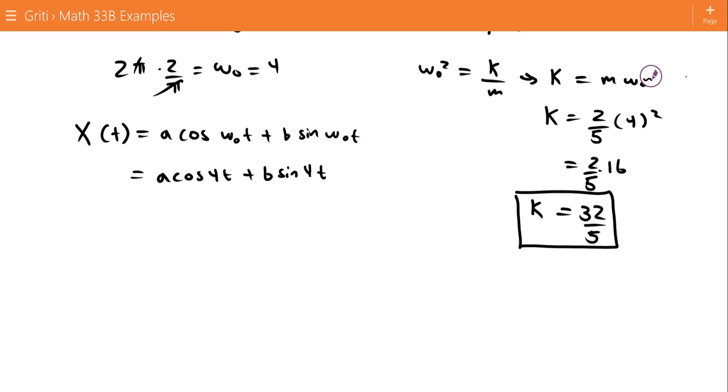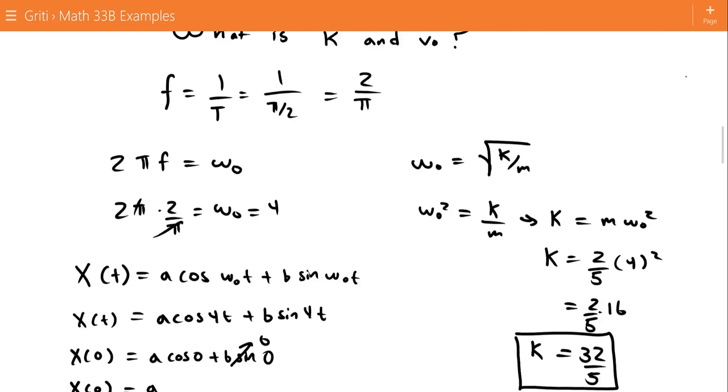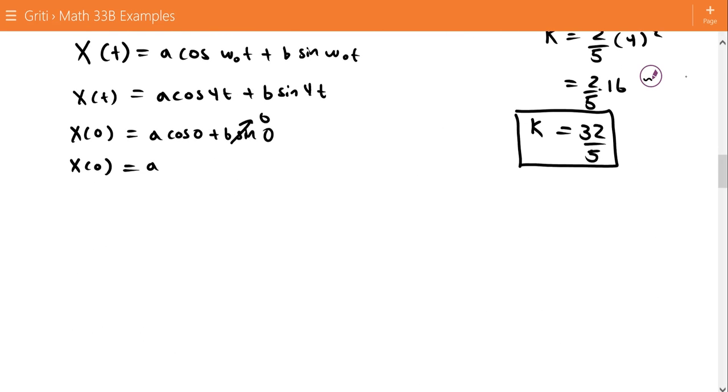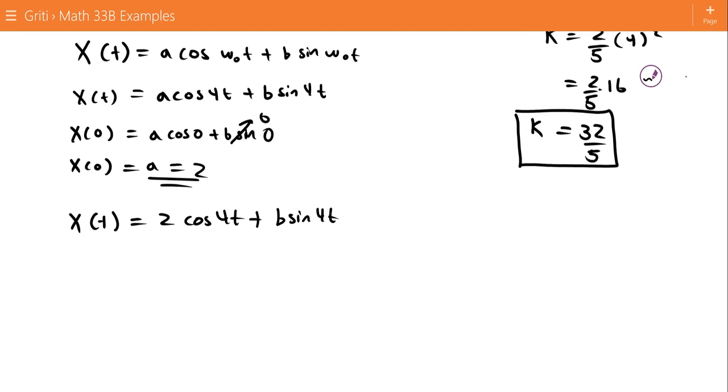If we plug in t equals 0, we get x of 0 equals a cosine 0 plus b sine 0. This goes to 0, and cosine 0 is 1, so we find that the initial position is equal to lowercase a. We're told that the initial position is equal to 2, so we know a equals 2, so our x of t is equal to 2 cosine 4t plus b sine 4t.